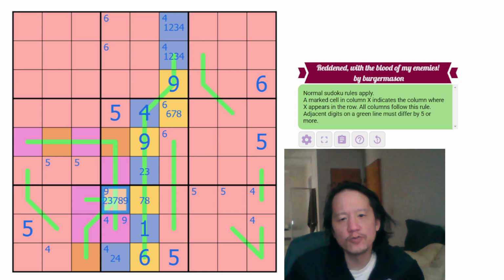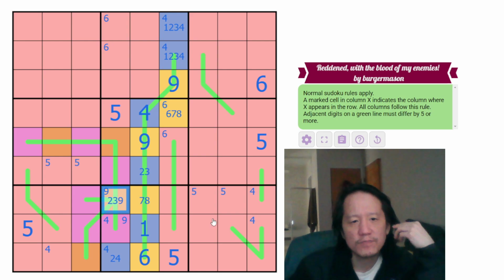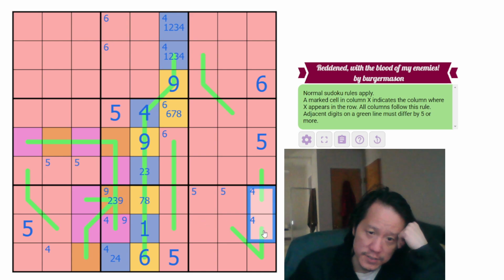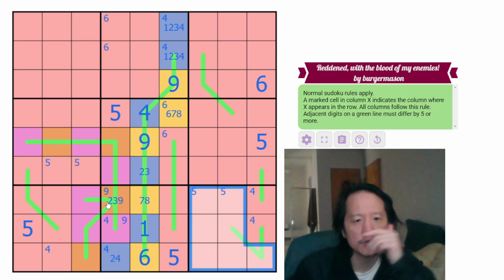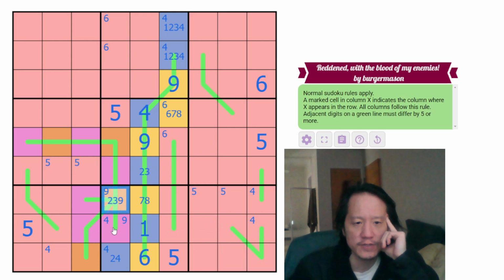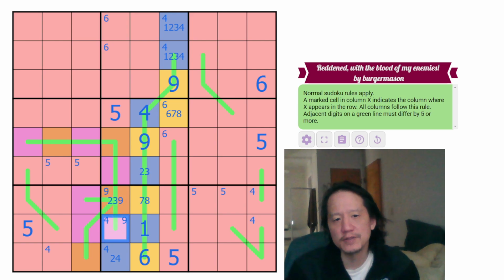So this can never be 7 or 8 here, because we know one of these is a 4. So the rest of the box cannot contain a 4. So 7 or 8 is ruled out for this digit. 7 or 8 cannot be in this digit either because of the same issue. So this could be 2, 3, 4, or 9.